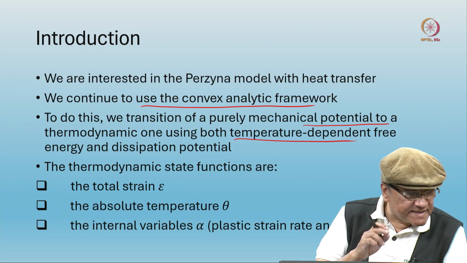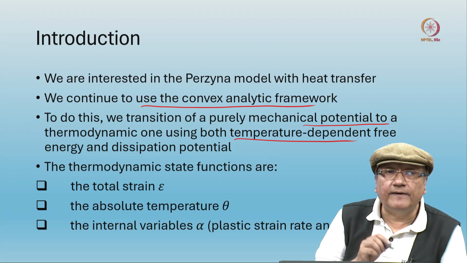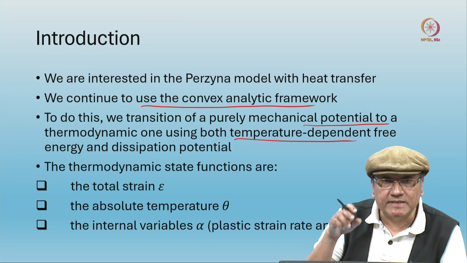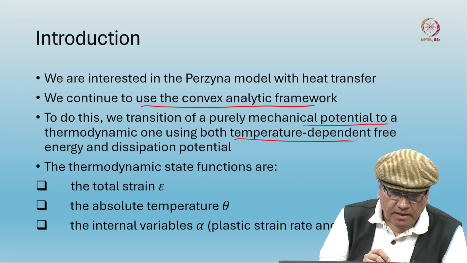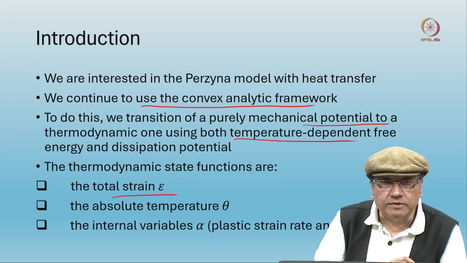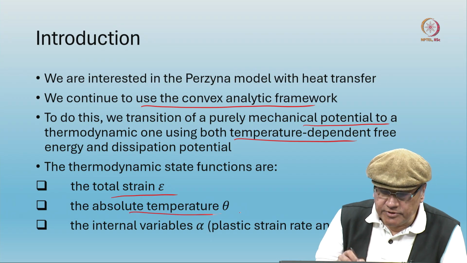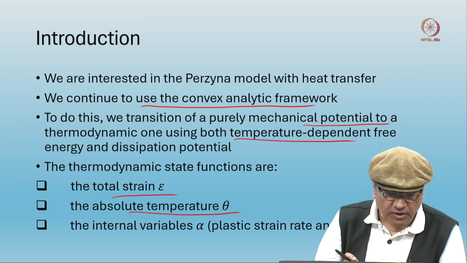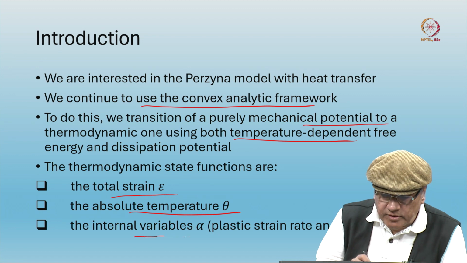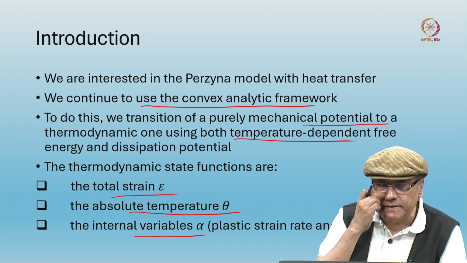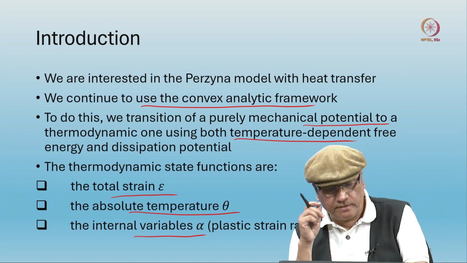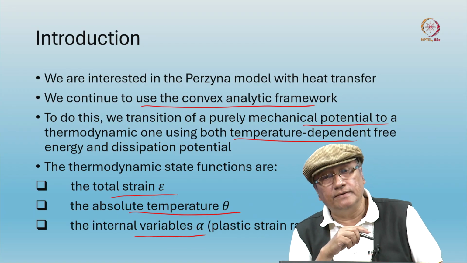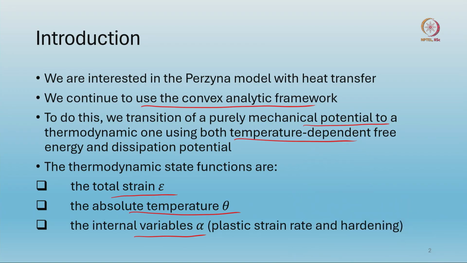The thermodynamic state functions, which are basically the actual states in the thermodynamics, are the total strain, the absolute temperature theta, okay, and the internal variables alpha. Now, if you recall, these internal variables alpha contain both the plastic strain and the hardening variables, okay. So, all of these are included in alpha.